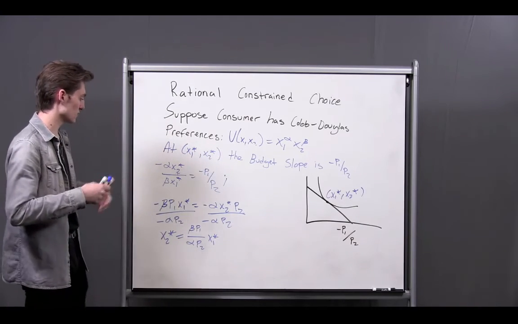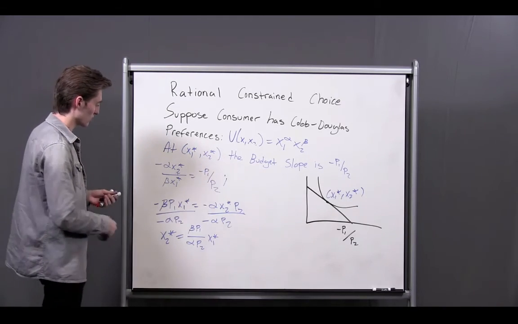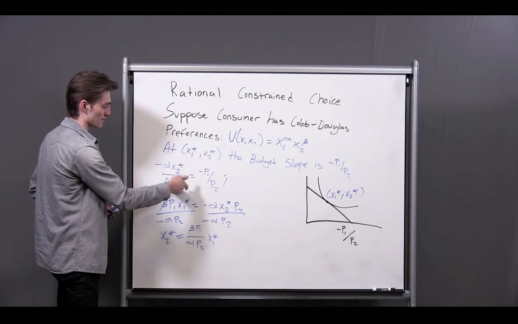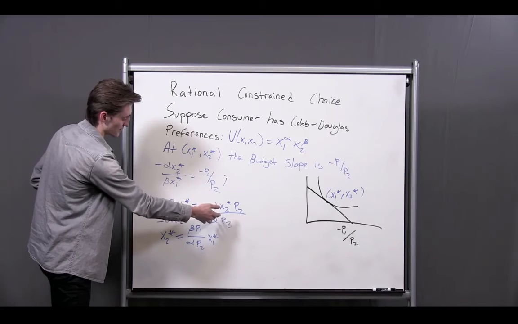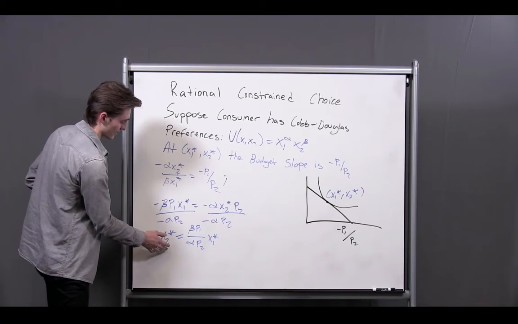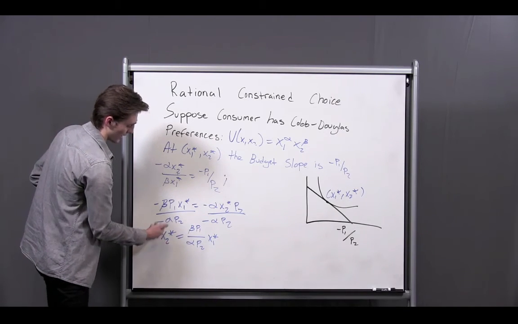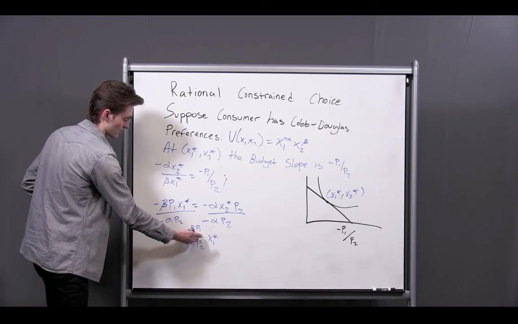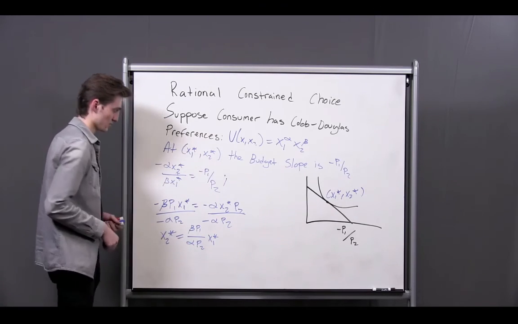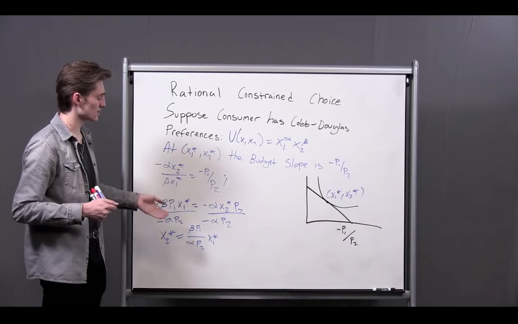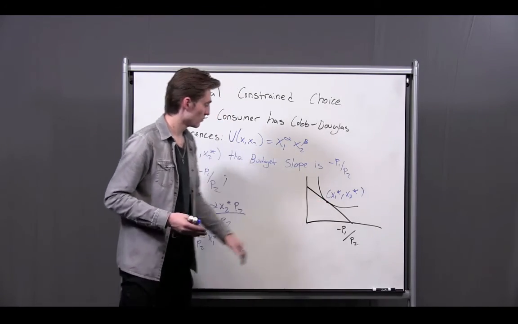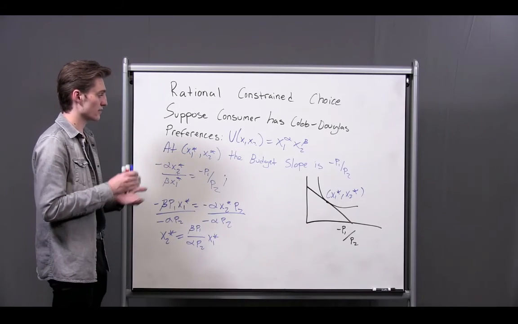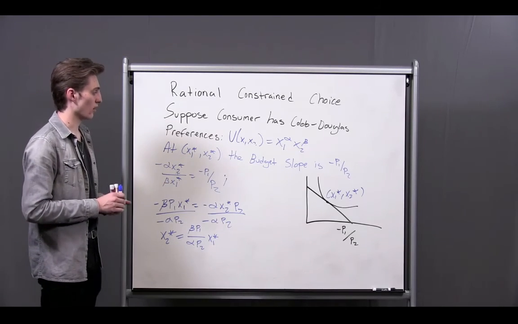And you could very easily do this for X1 star as well, where you would do the same process: cross multiply, and then divide by the prices and the weights, and then it would be X1 star equals the price ratio times the weights, times X2 star. And what all this means is exactly what I said previously: this is a tangency between the price ratio and the optimal solutions for our budget set.